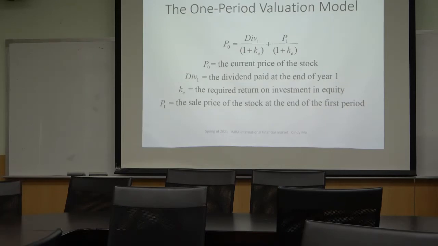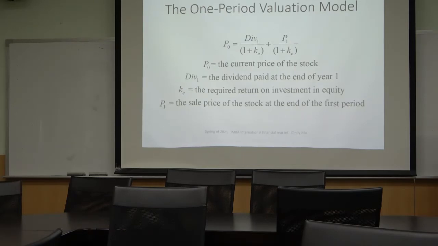If we invest in a company's stock, this company might reward the stockholders dividends every year, and that's the dividend paid at the end of year 1. Because this is a 1 period valuation model, there is also the sale price of the stock at the end of the first period, which we call P1.